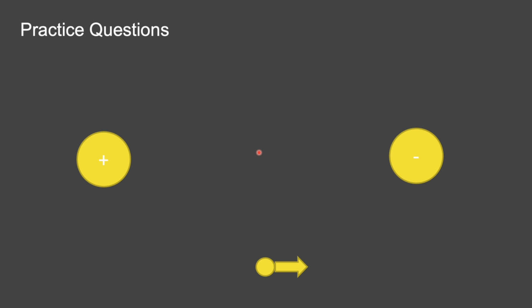The positive source charge pushes downwards and to the right, while the negative source charge pulls upwards and to the right. The electric field from the negative source charge pulling up and the electric field from the positive source charge pushing down will cancel each other out, leaving only an electric field to the right.